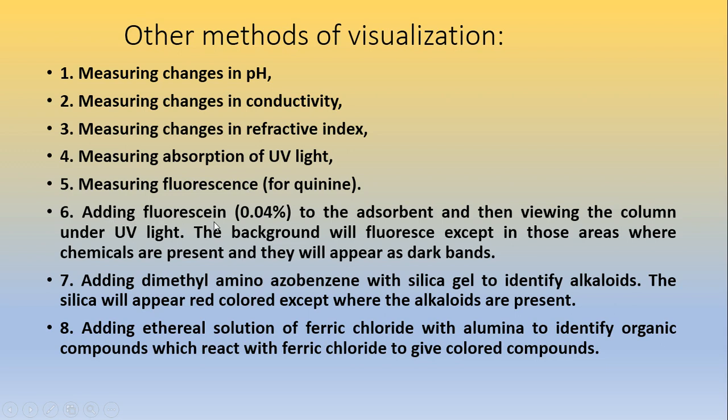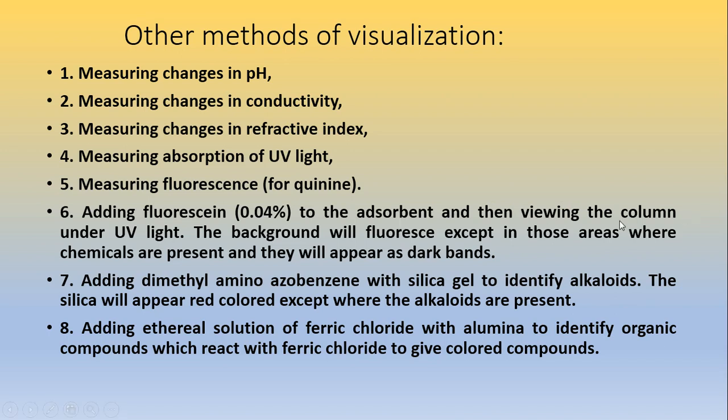Now, adding fluorescein to the adsorbent and then viewing the column under UV light. This is also a very good method, which is a physical method, where fluorescein, which is a fluorescent compound, is already present in our column with adsorbent or stationary phase, when this stationary phase or silica gel contains a specific compound which could be colorless or colored, generally colorless.